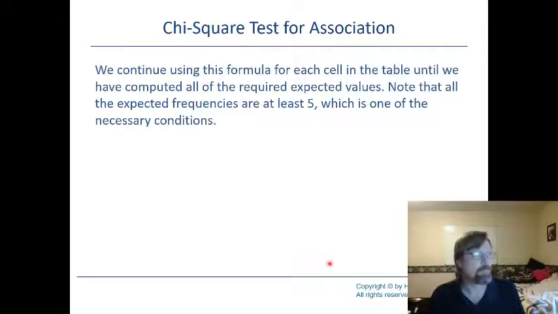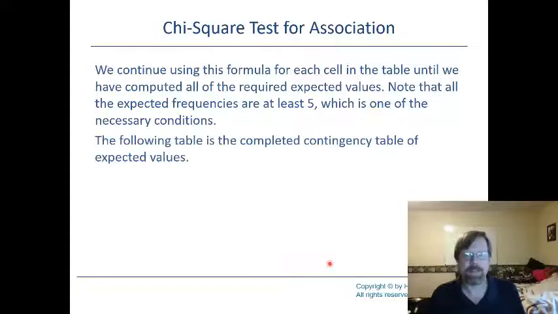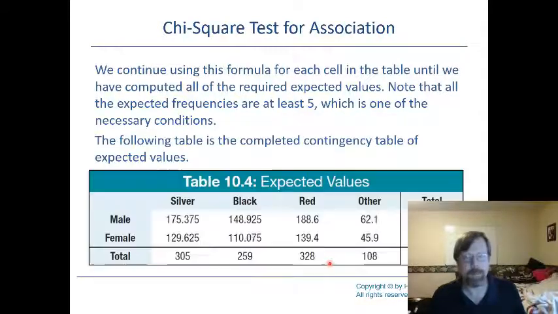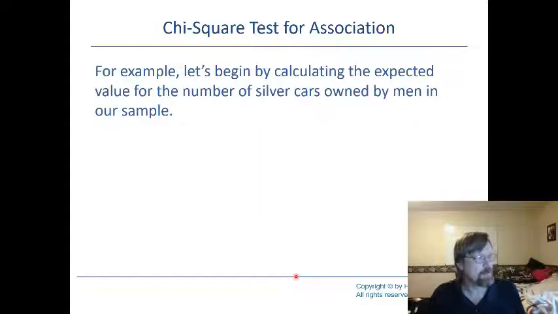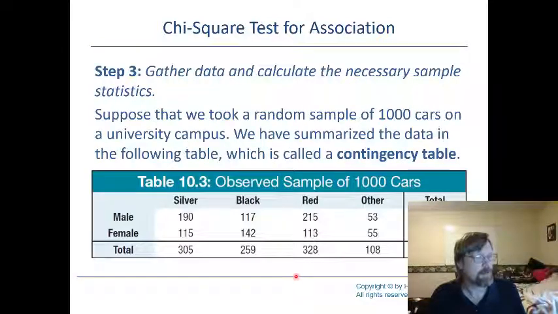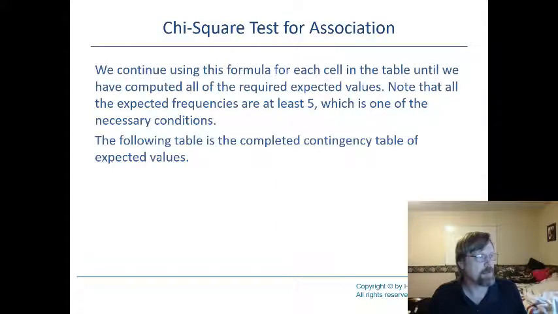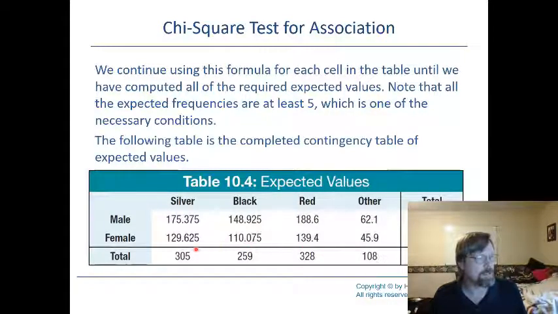So we could make a contingency table of expected values. There'd be the expected value we just calculated, a corresponding one for female silver car owners, etc. Just double checking, it looks like the sums in each column and row are unchanged.